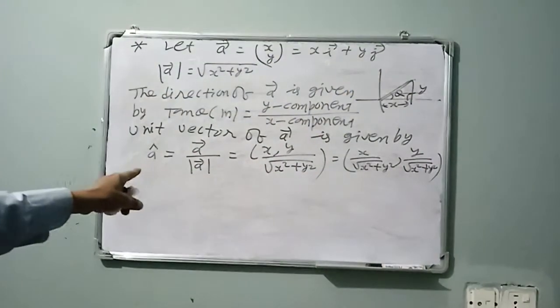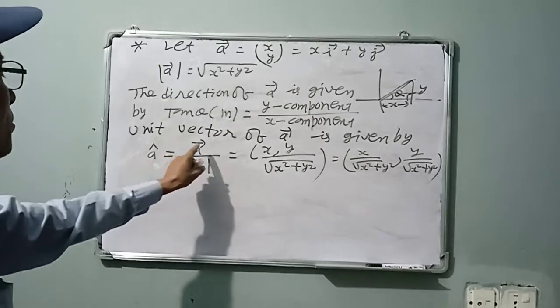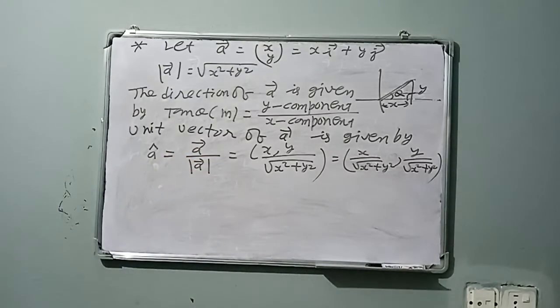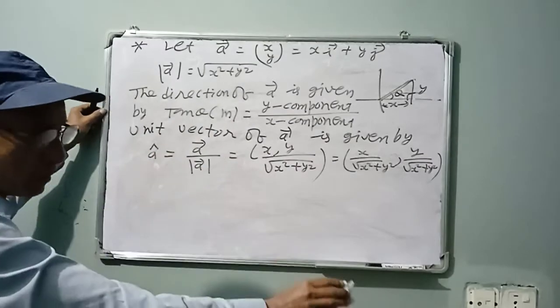This is the unit vector along A. Unit vector A cap equals vector A by modulus A. These things are very important.